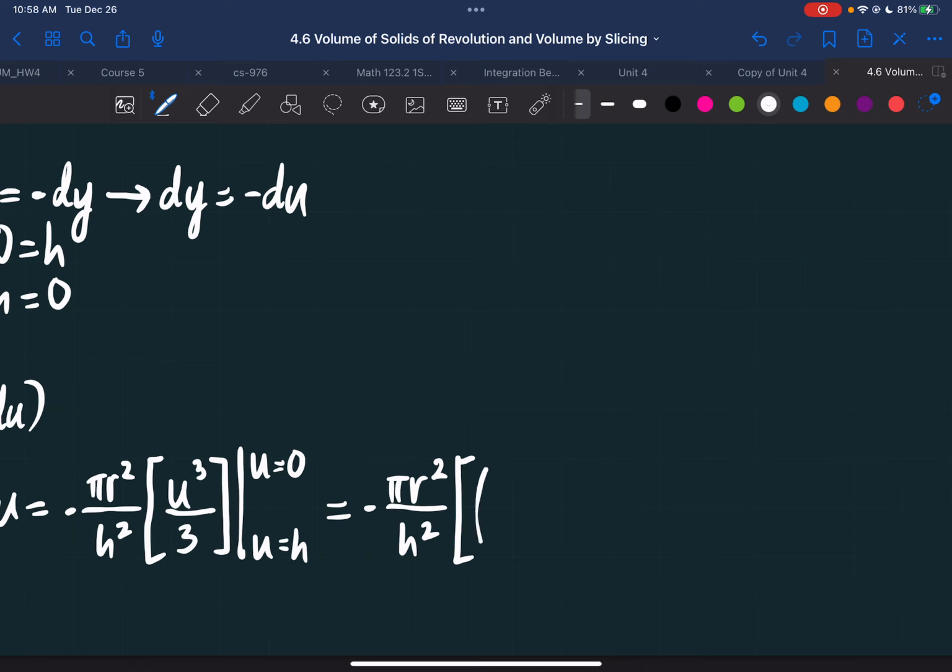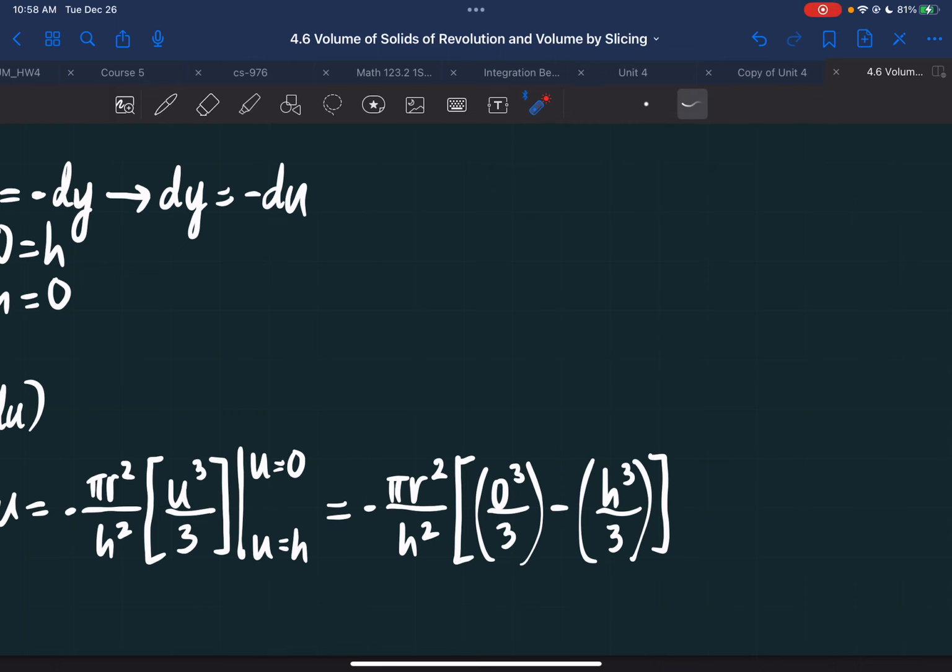We have 0 cubed over 3 minus, we will plug h to every u right here. So we have h cubed over 3. This one right here would just be 0. So that's 0 minus h cubed over 3. And that's negative h cubed over 3.